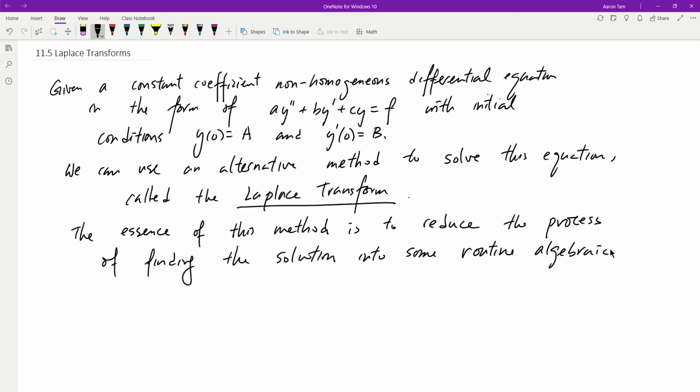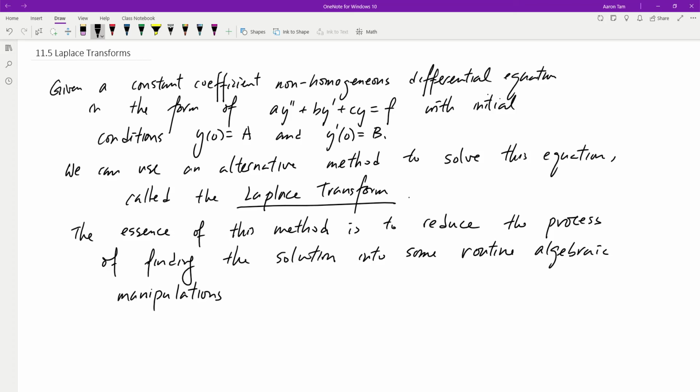And remember, those algebraic manipulations are fixed. It always works as long as you go through the process. Because of that, it allows you to program a computer to do that without any analysis at all. So how does this Laplace transform work?